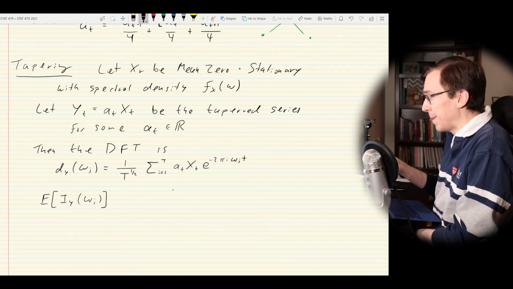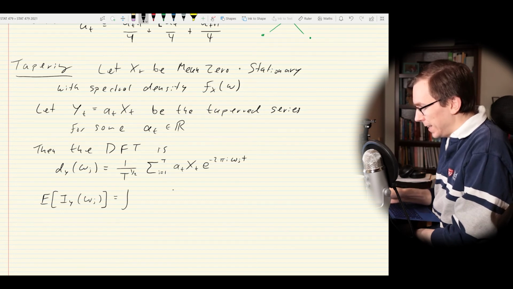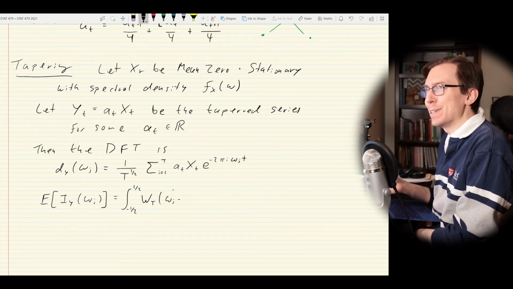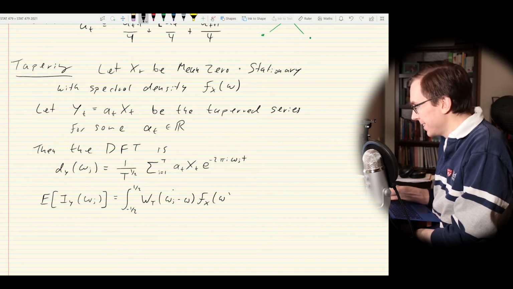We don't have an unbiased estimator. Instead, we are integrating from minus 1/2 to plus 1/2 of W_t(omega_j minus omega) f_x(omega) d omega.